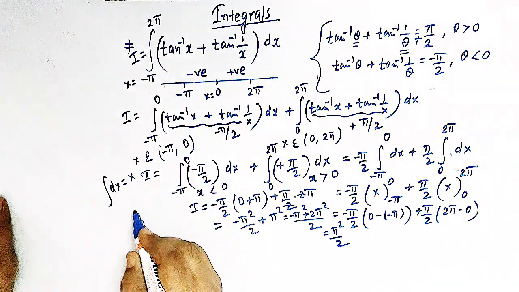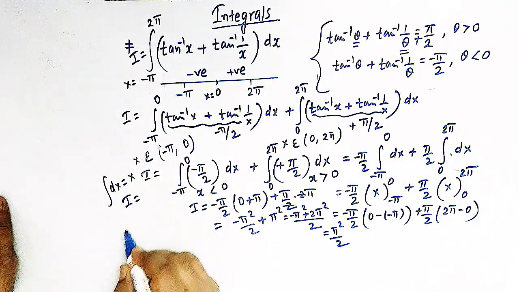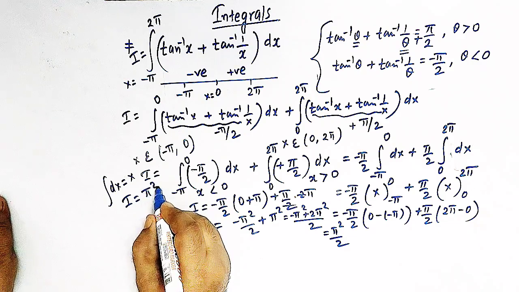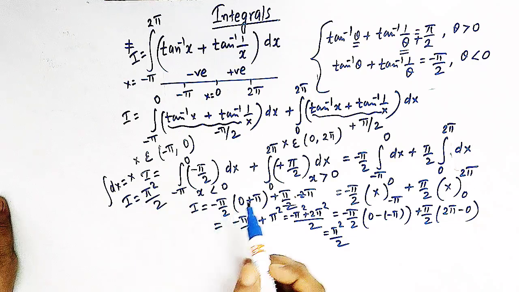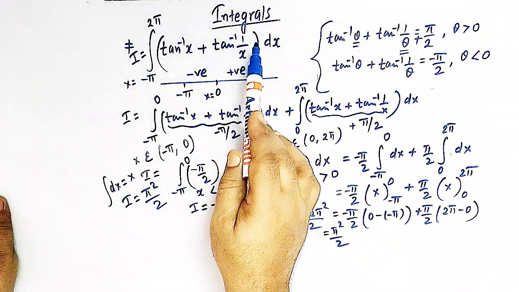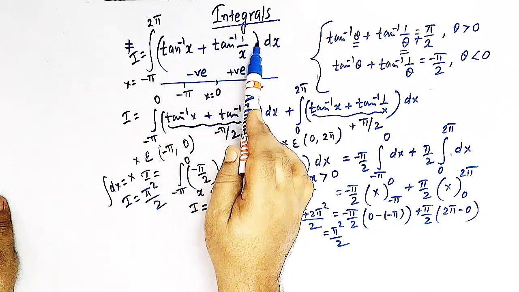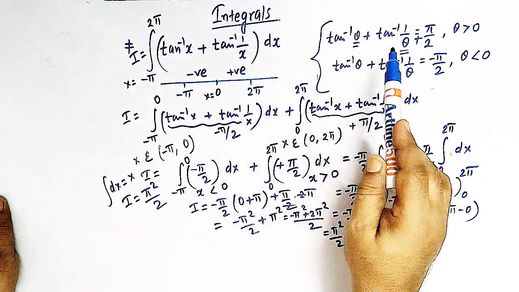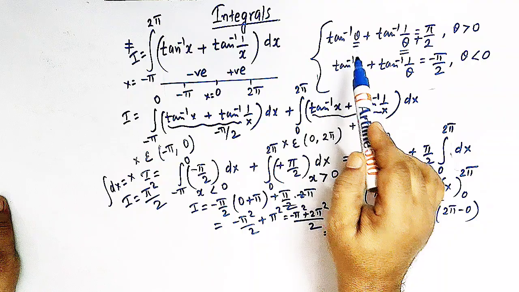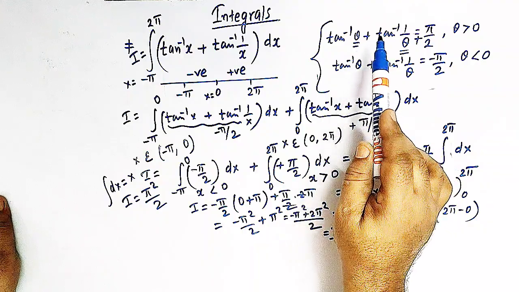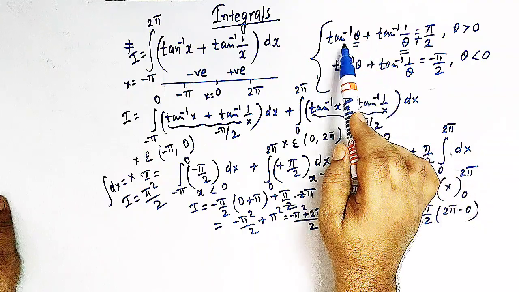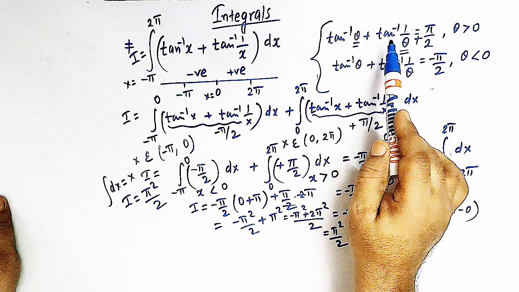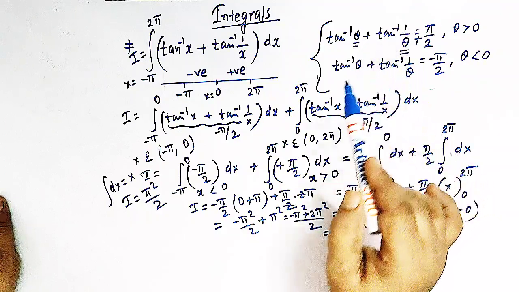So the value of this integral I is equal to pi square over 2, and we can see how easily we can evaluate this integral by using this important property of inverse trigonometric functions connecting tan inverse theta and tan inverse 1 over theta.